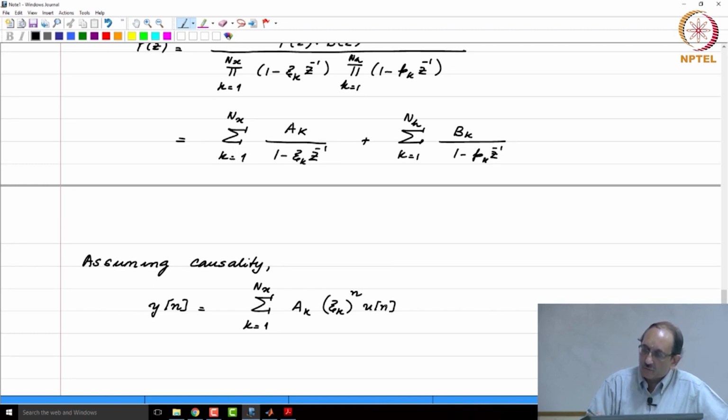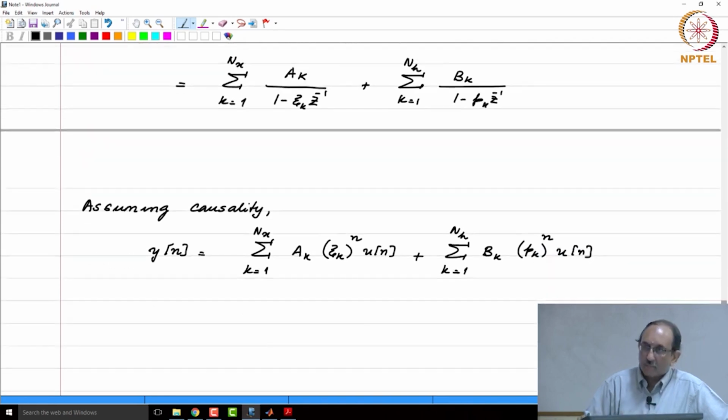This is the inverse transform of 1 by 1 minus psi k z inverse, plus k going from 1 to n suffix h b k p k power n u of n. These are the two sets of terms that are present in the output.